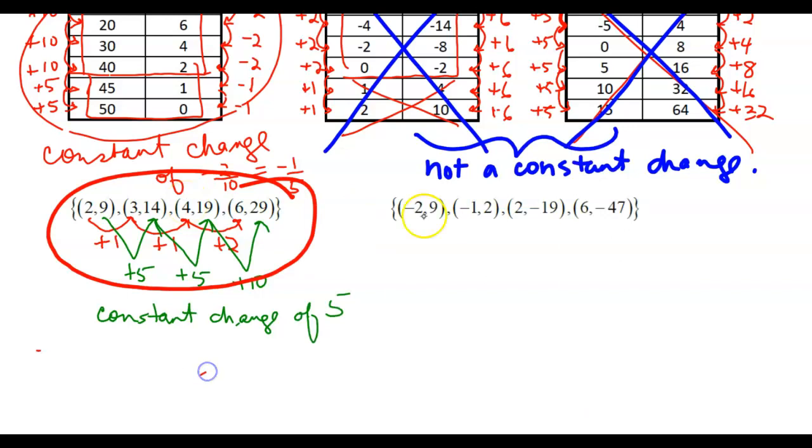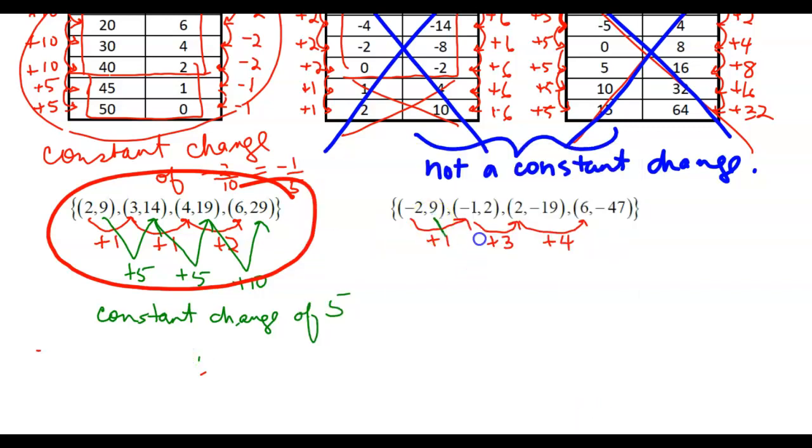So same with the x's here. -2 to -1 is adding 1. -1 to +2 is adding 3. 2 to 6 is adding 4. So they're not constant, but that's okay, depending on what y is.